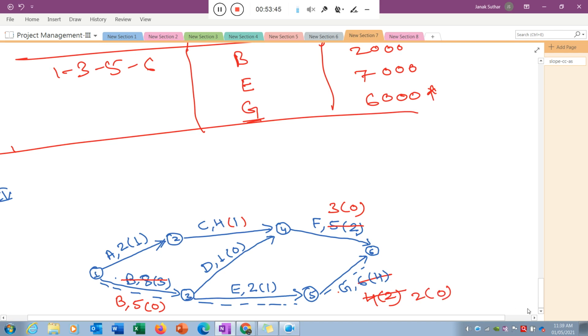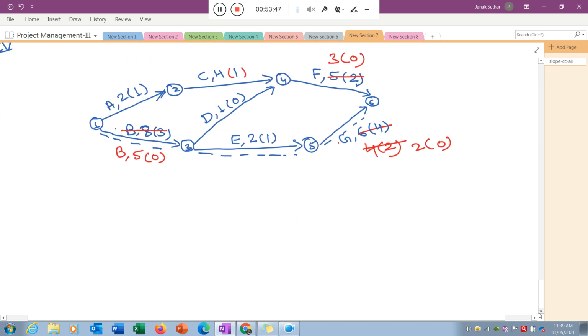Now if you calculate the critical path available in this last iteration, the critical path is equal to 1 2 4 6. How much is the length? 4 plus 2 is 6, 6 and 3, 9 weeks.